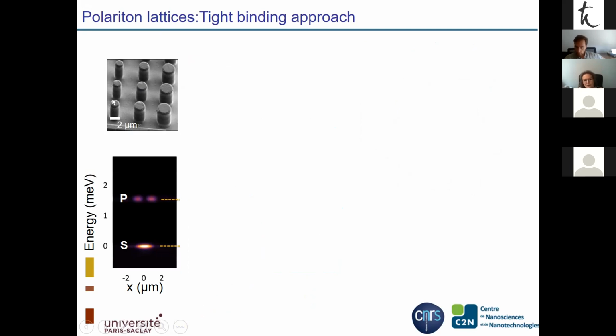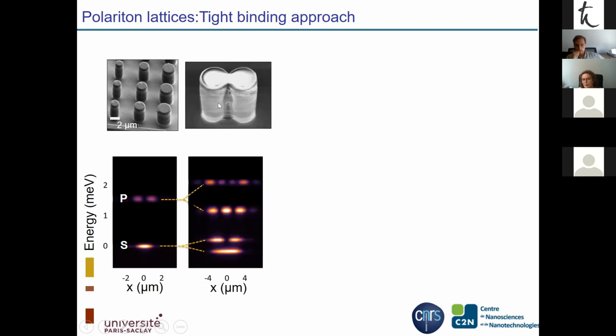So light is confined vertically by the mirrors and laterally by the index of refraction contrast between the semiconductor and air. And so here we look at the emission from the top, and we see as a function of space that the lowest mode has the maximum at the center. It looks like an s orbital. And then the next mode looks like a p orbital with two lobes which are out of phase.